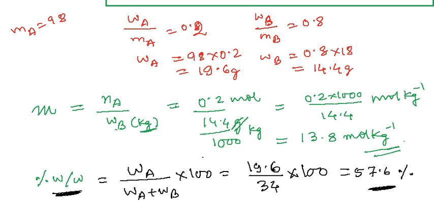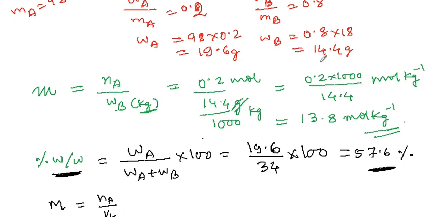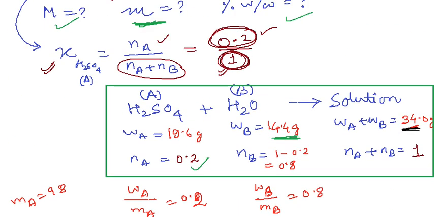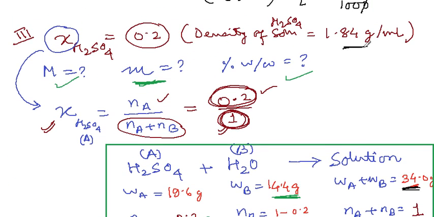Okay, now moving to the next part, the density. If we have to calculate the molarity, we'll need the volume. So for the volume, we are going to rely on the density. The density value which is provided to us is 1.84 gram per ml.